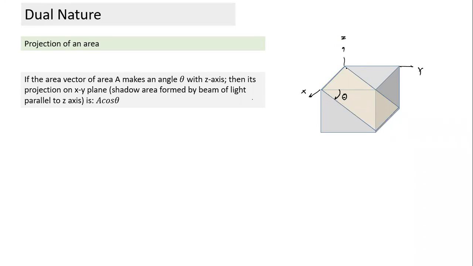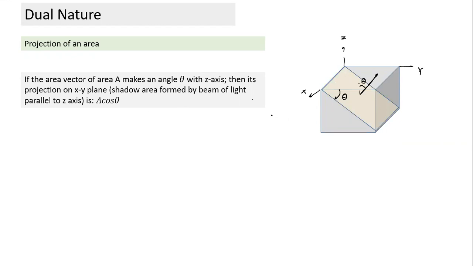If I draw the area vector, it will be perpendicular to the plane, and it will make an angle theta with the vertical, the z-axis. What is its projection on the xy plane? Since it makes an angle theta with the z-axis, its projection will be its gross area A into cos theta.